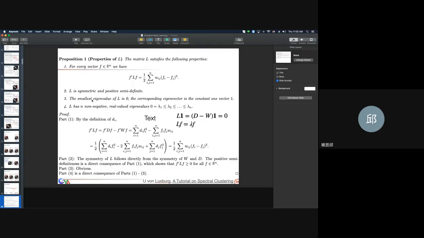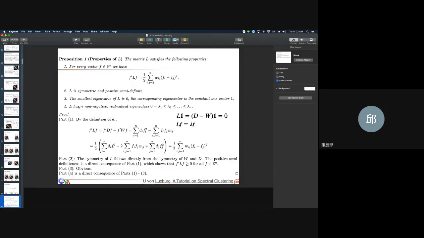And why we can tell that 0 is the smallest eigenvalue is because L itself is positive semi-definite. So 0 is already the smallest possible eigenvalue of L.